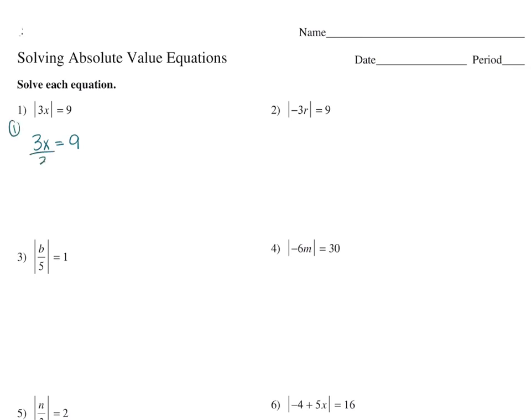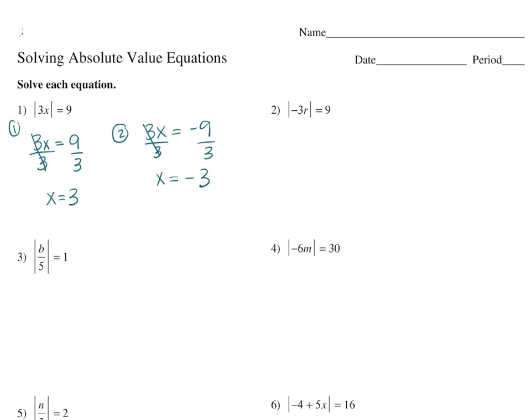So we are going to divide both sides by 3. So x equals 3. Our second step is we are going to change the sign of the 9 and solve for x again. So x equals -3 this time.